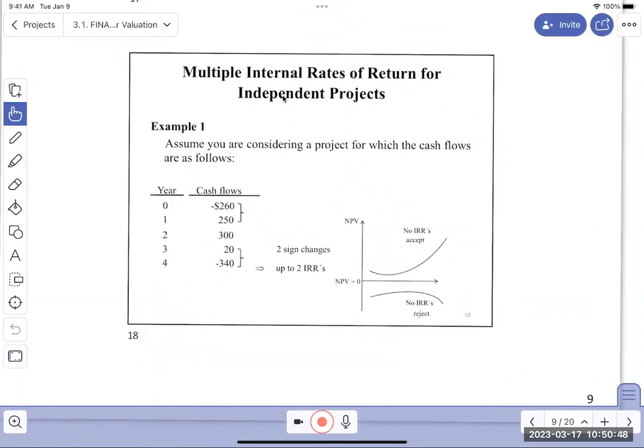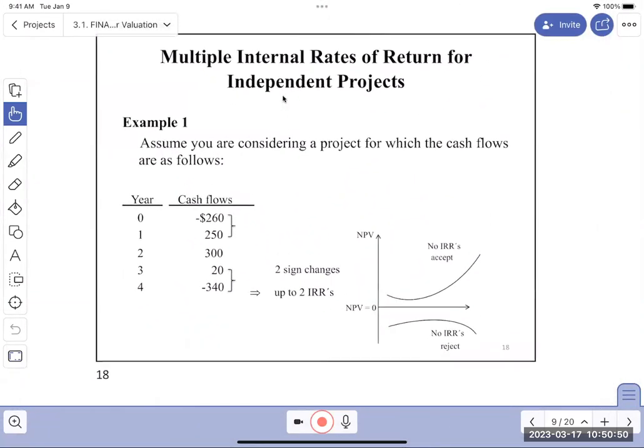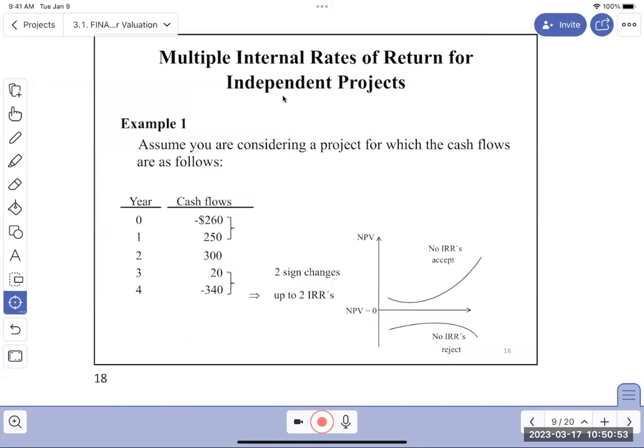Okay, so as I mentioned, if you have two sign changes, and that happens here, negative, positive, and then a negative again, two sign changes mean up to 2 IRRs. And you can see why, because it'll make a polynomial, a parabola kind of shape.